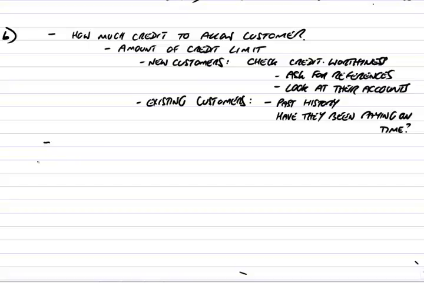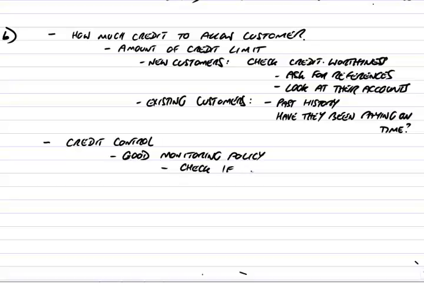The second thing is we're going to have credit control or monitoring. It ties in with what we've just said, but a good monitoring policy. And by monitoring, check if they're paying on time.